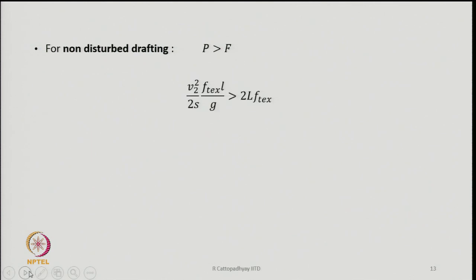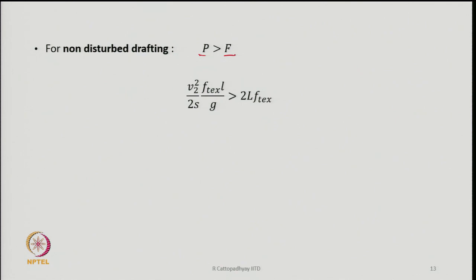From there, we can write now that for non-disturbed drafting, P has to be greater than F. This is the condition. If P is much higher than F, that is the static frictional force, then that fiber will be withdrawn and the rest of the fibers will remain in their position, they will not get disturbed.